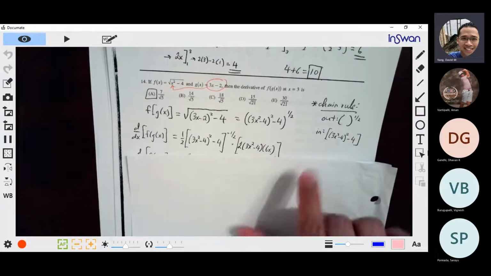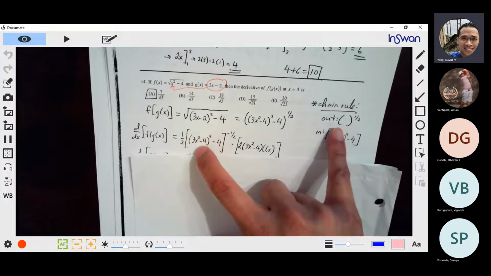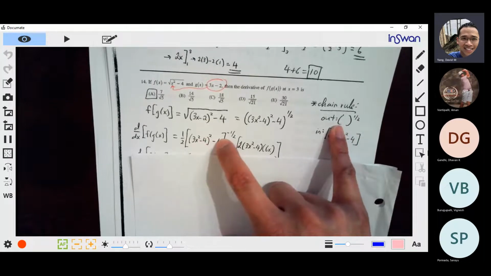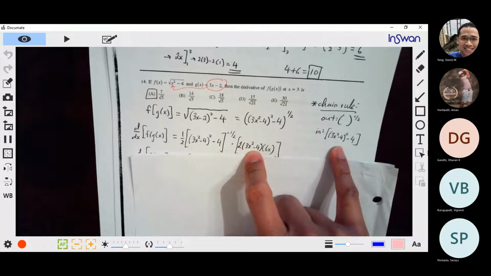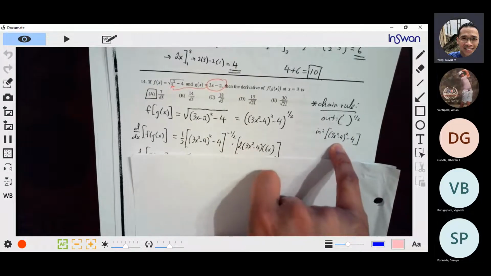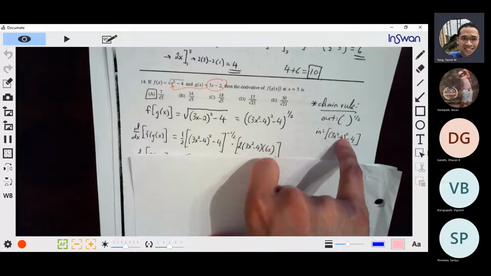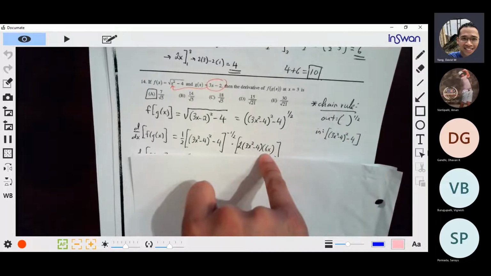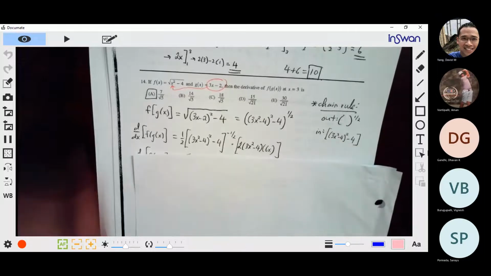So if I want to find the full derivative, I go through chain rule. Outside derivative is 1/2 bracket to the negative 1/2. Inside function's derivative is the derivative of the 3x squared minus 4. There's another chain rule here.